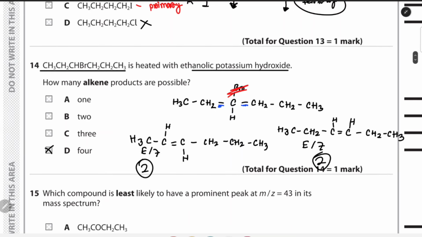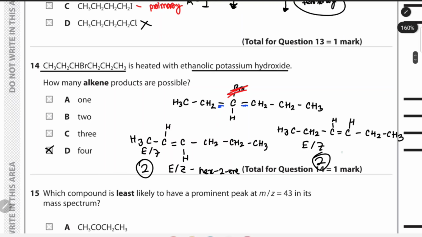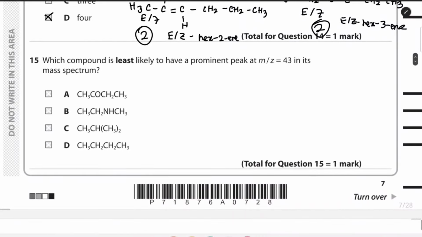So 2 plus 2, we get 4. We can get E or Z hex-2-ene, or we can get E or Z hex-3-ene. So E-hex-2-ene, Z-hex-2-ene, E-hex-3-ene, and Z-hex-3-ene. 4 of them.